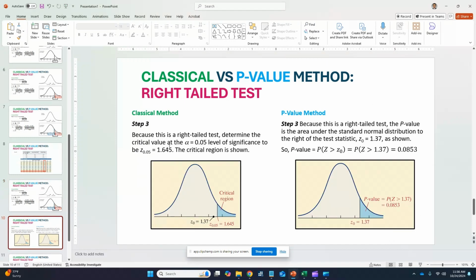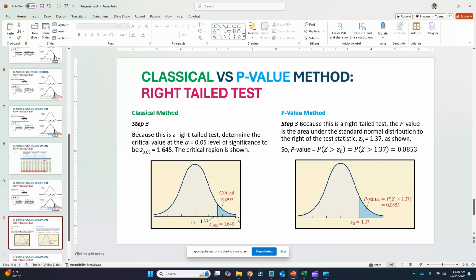In the classical method, we just compare the z-score that we calculated with a critical z-value. Let's say alpha equals 0.05, alpha equals 0.1, and we check if this z is bigger than this. If the calculated z naught is bigger than the critical z, we reject the null. If it's smaller than the critical z, we fail to reject the null.